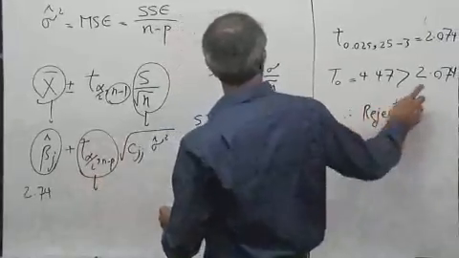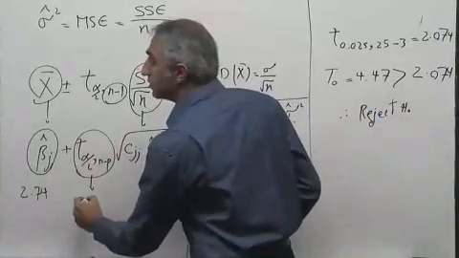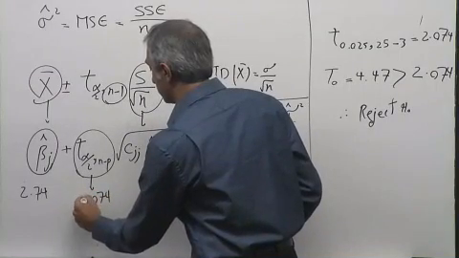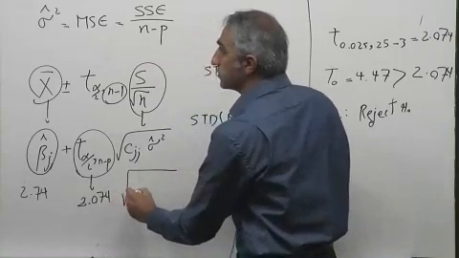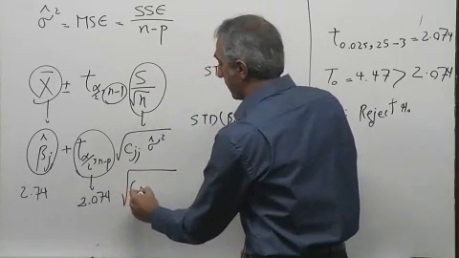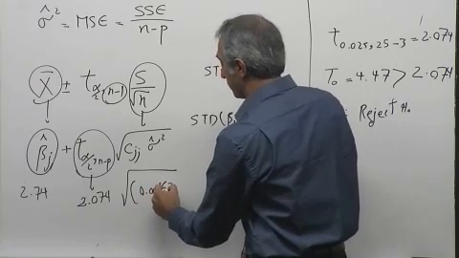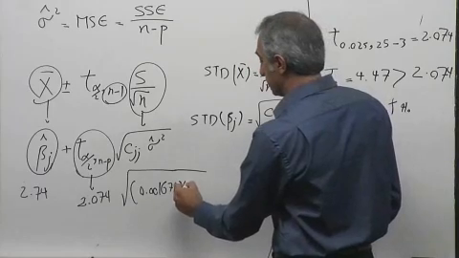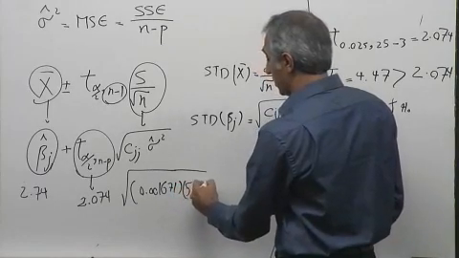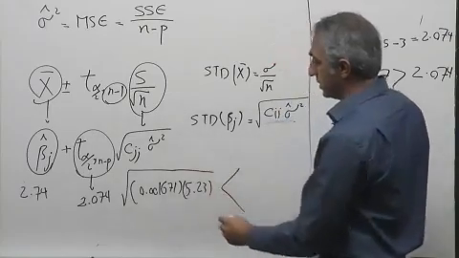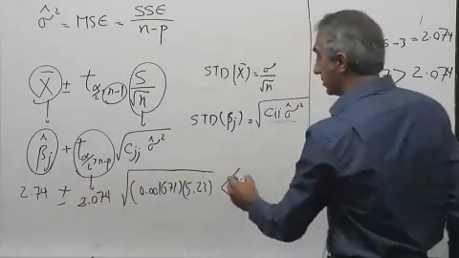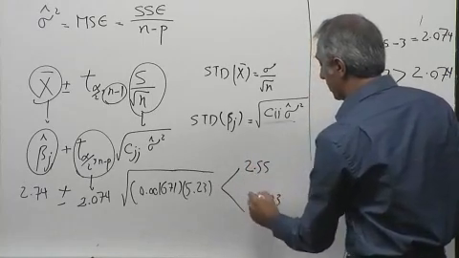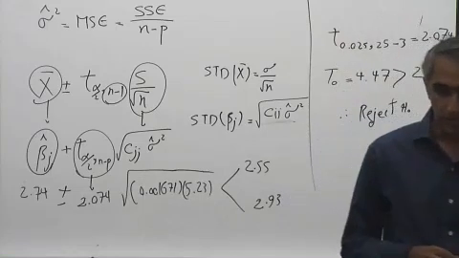T alpha over 2 is 2.074, times your standard error, which you already have there. I'm just writing it again. That gives you the lower and upper bounds, 2.55 and 2.93.